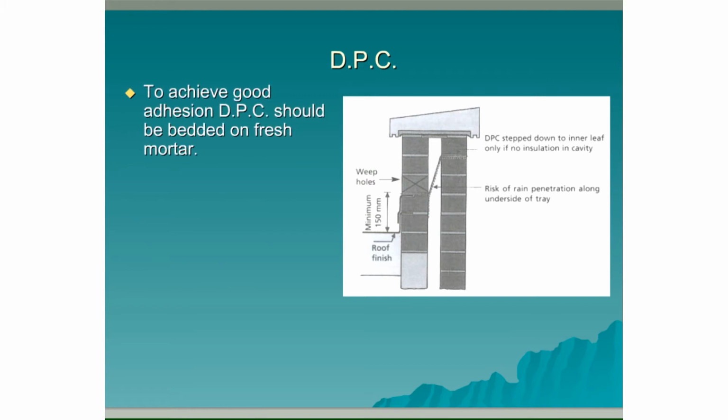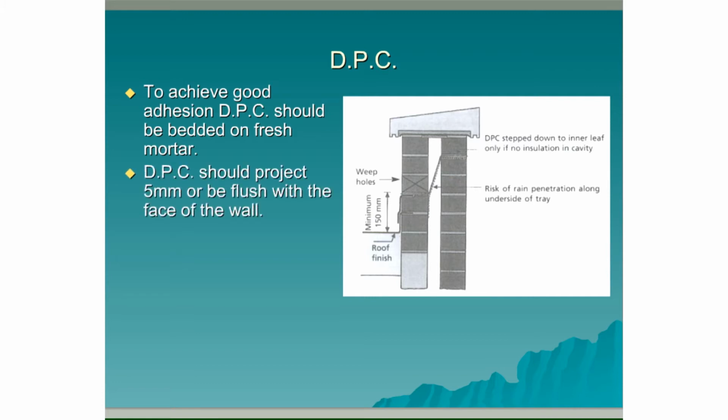To achieve good adhesion, D.P.C should be bedded on fresh mortar and sandwiched in between the mortar. D.P.C should project 5 mm or be flush with the face of the wall.